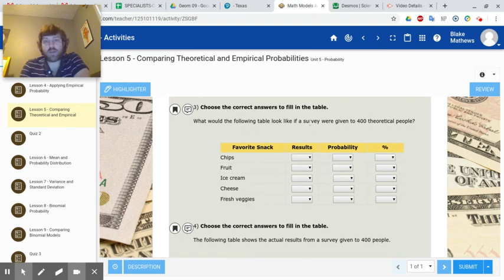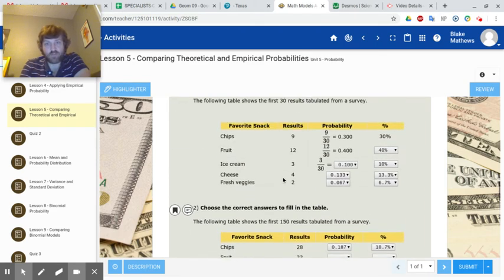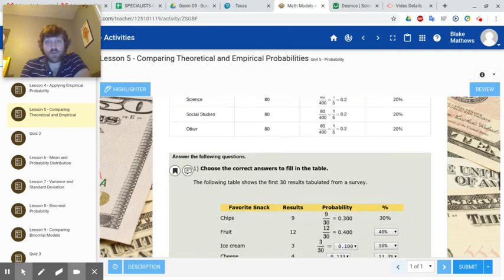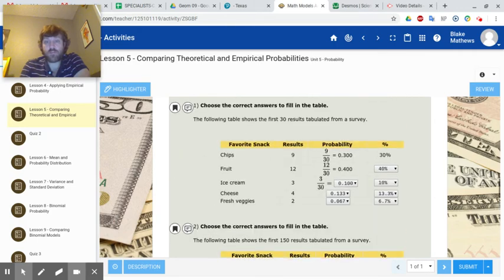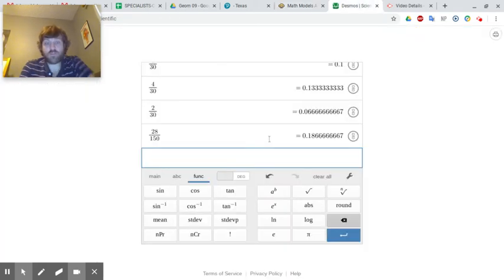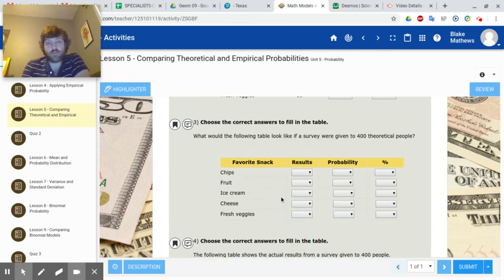What would the table look like if the survey were given to 400 theoretical people? So we need to figure out, based on the probability of the first survey, how many would it be? So we had 30%, or 0.30. So we're going to do 0.30 times 400. I got 120. Hopefully that number is there. It's not. So this is my fault.